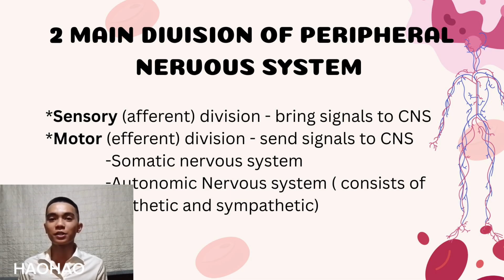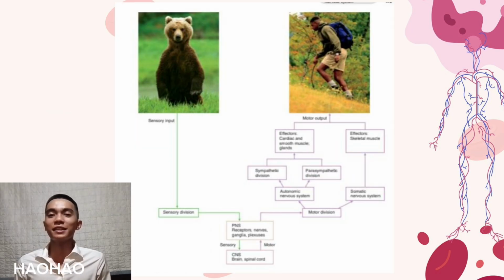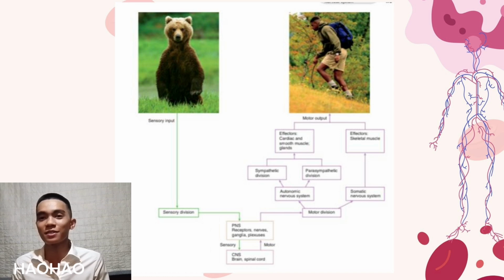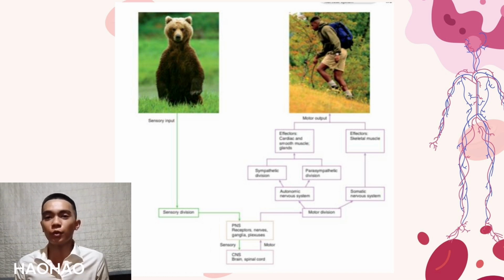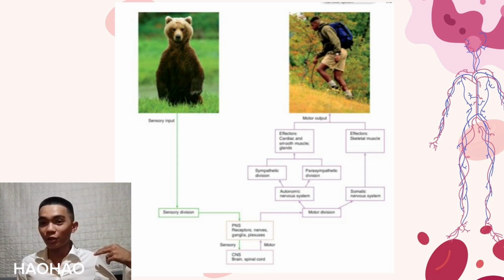There are 2 parts of the motor division, which are the somatic nervous system and the autonomic nervous system, which consists of parasympathetic and sympathetic. So here is an example of actions made by the CNS and PNS. Say you are in a snow area. When you see a view, the sensory division carries the information to the brain and spinal cord, which is the central nervous system.